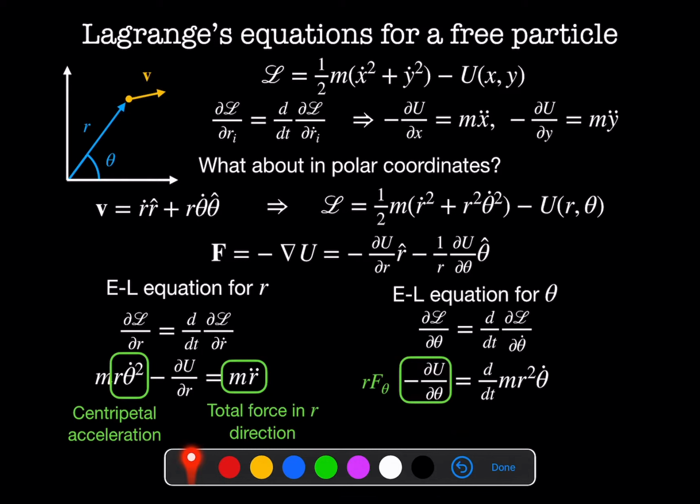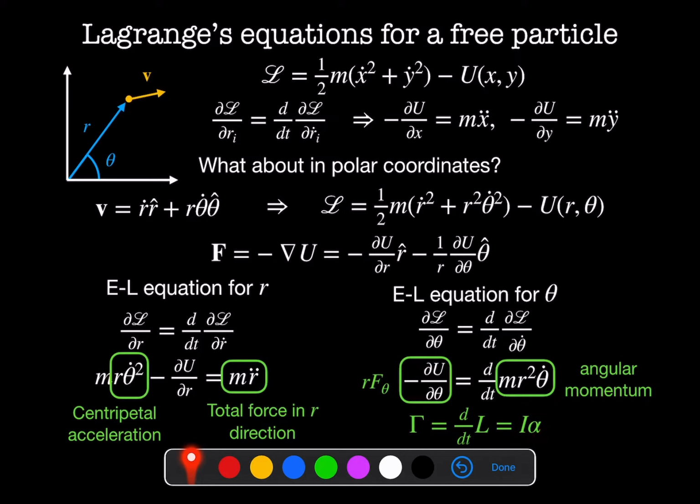So that's a torque, and this is equal to d by dt of m r squared theta dot, and this is our angular momentum. Just from the Euler-Lagrange equations, we get that torque is equal to the rate of change of angular momentum. Equivalently, this is equal to I times the angular acceleration.